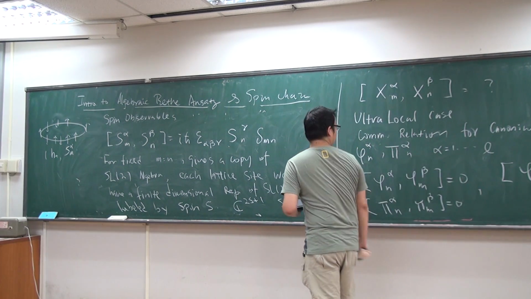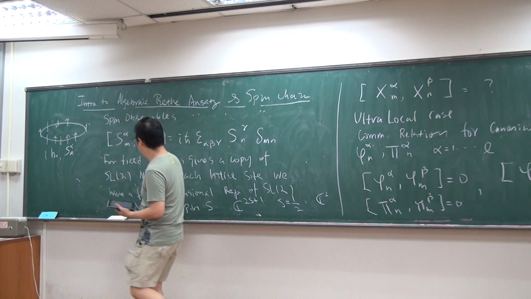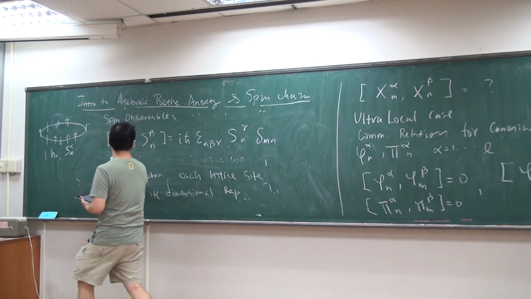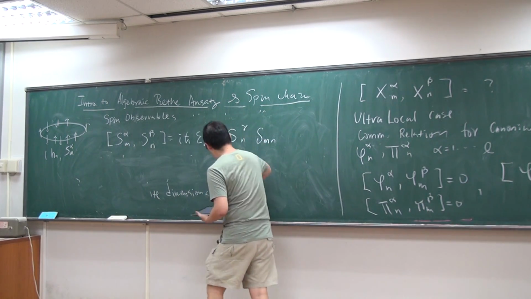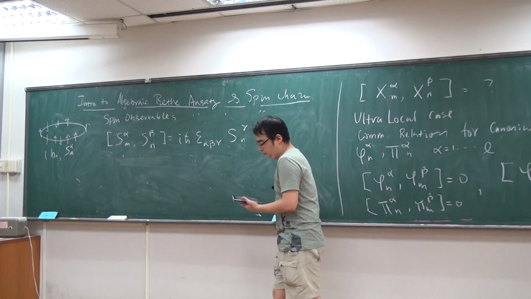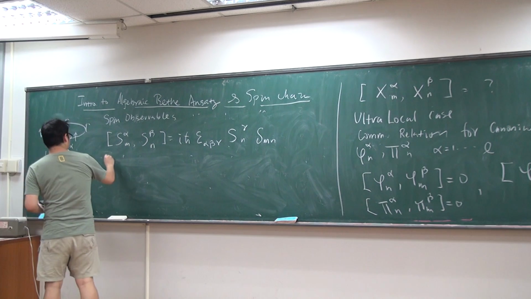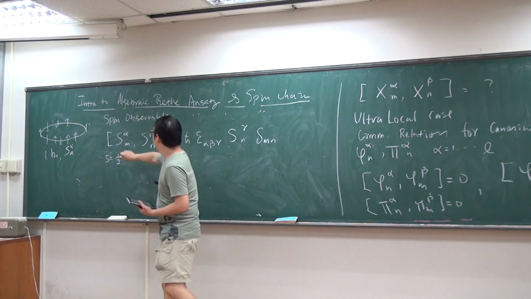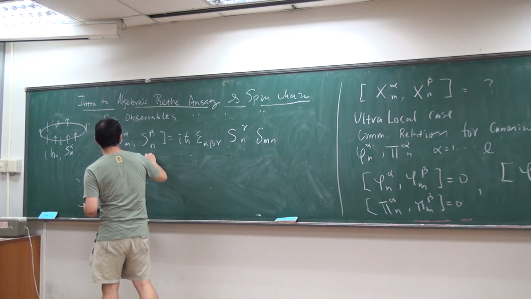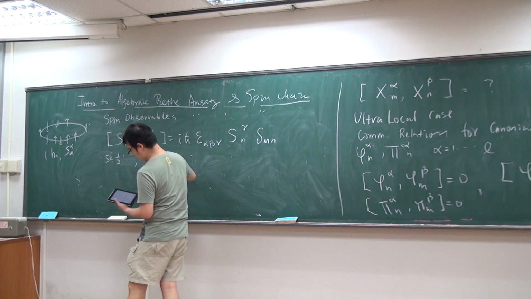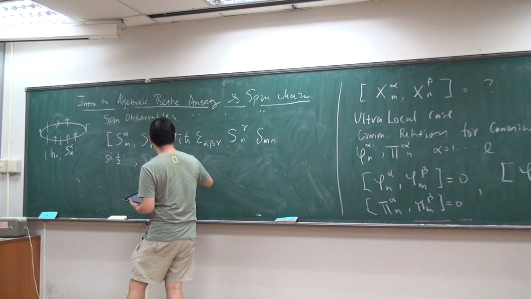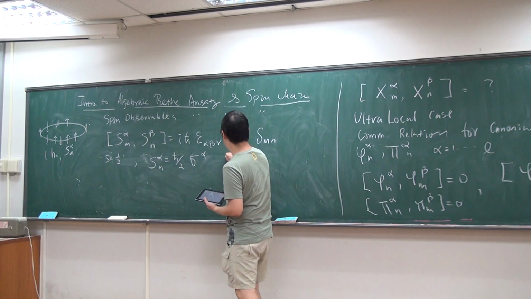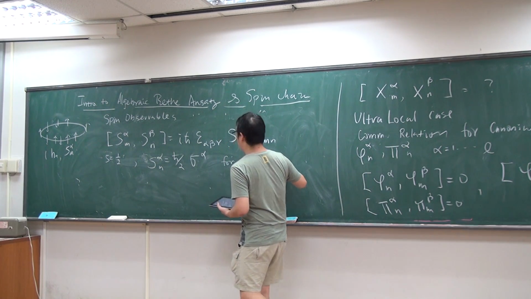So for the S equal half case, we can explicitly realize those different S operators using the Pauli matrices for each n.